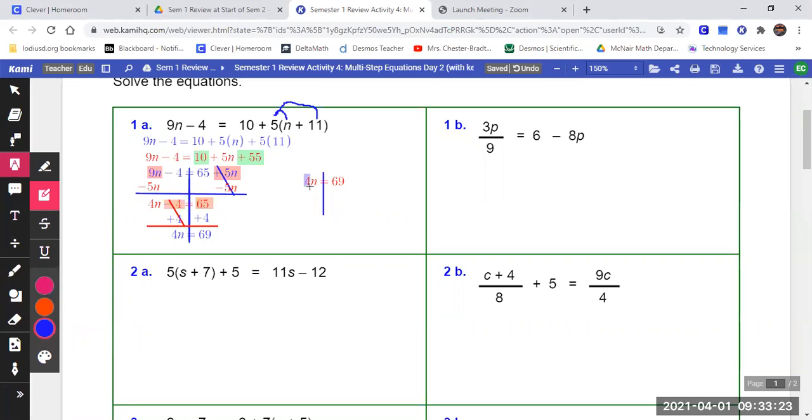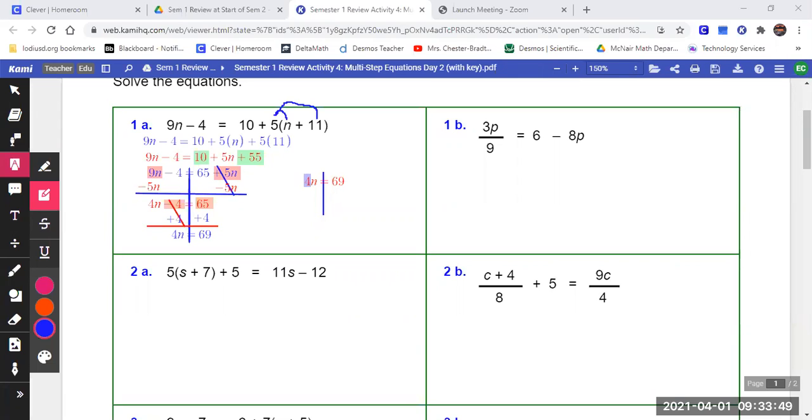So what is the relationship of the 4 and the n? If I say 4n, what are they doing right now? They are multiplying.